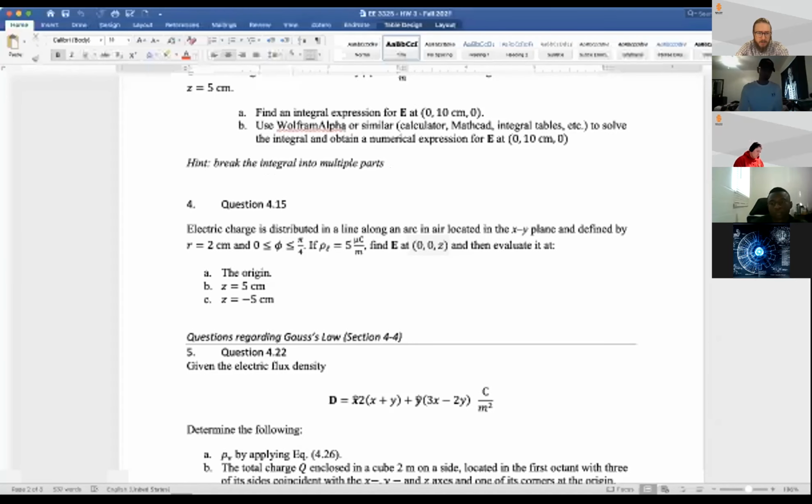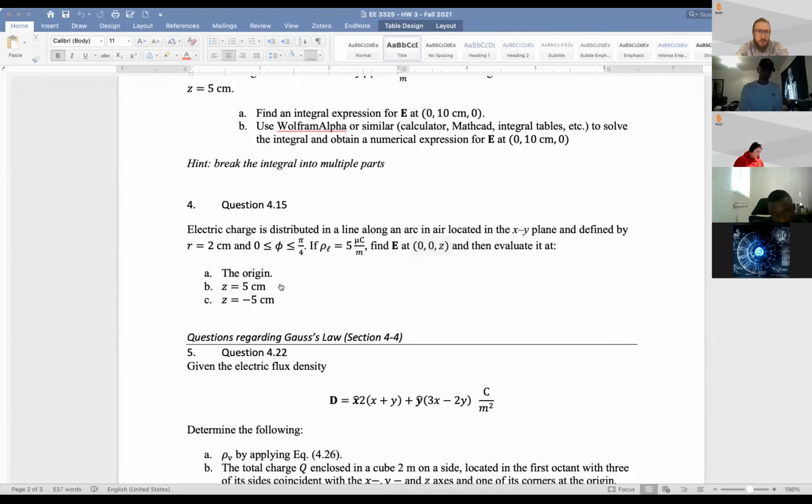Now, if we go back to the solution that I posted for you, in this solution, I integrated from 0 to 2 pi.